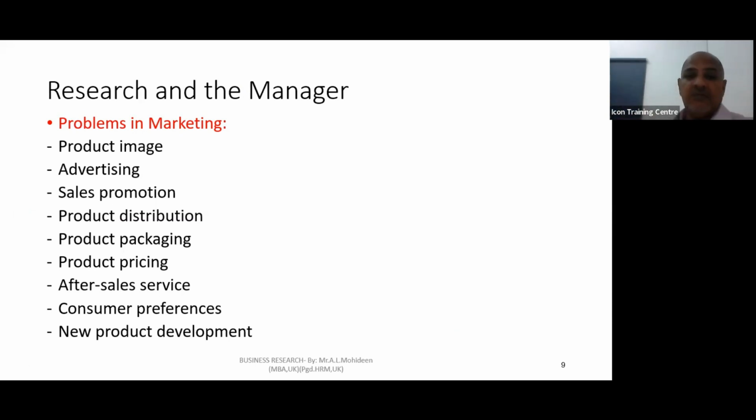Maybe a product image problem, advertising problem, sales promotion problem, distribution problem. Product packaging, you may have a problem. Product pricing, you may have a problem. After-sales service, you may have a problem. Consumer preferences, you may have a problem. New product development, you may have a problem. So you have to identify in the marketing department which area you are going to specifically go and dig.